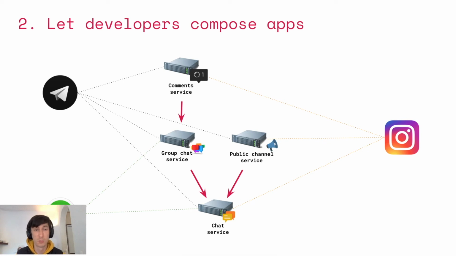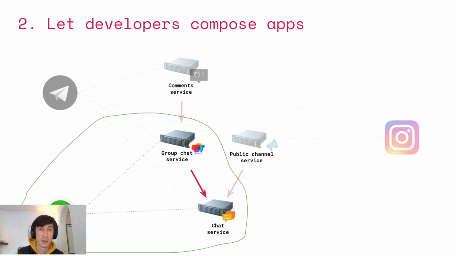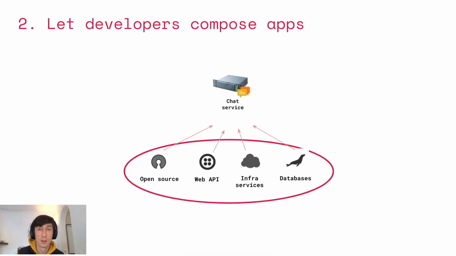And I will package it as a new application, or I can package it as a WhatsApp. And also, this composition is very useful and works at the low level. I can be the developer who created a database, or some connector to an external API, or produced some library. So if other people created services on top of it and applications on top of it, then I can benefit.